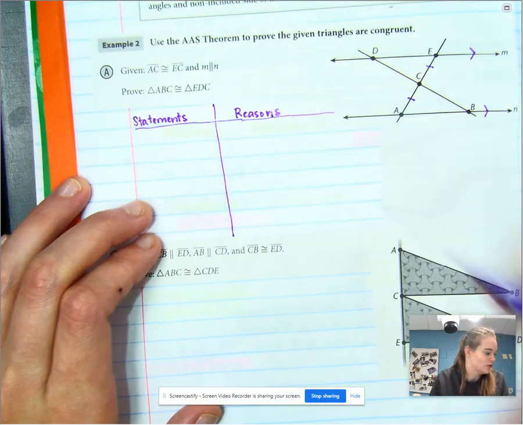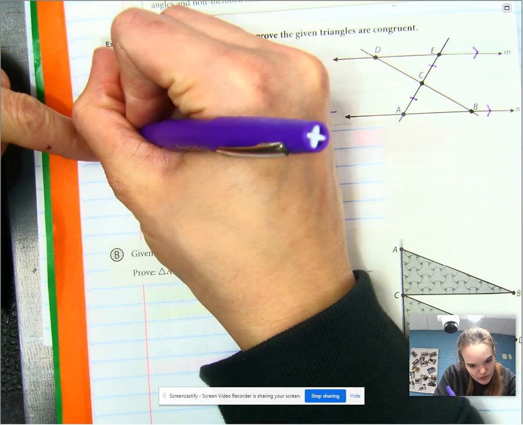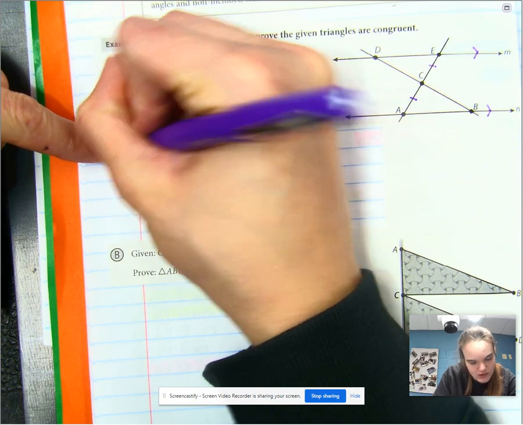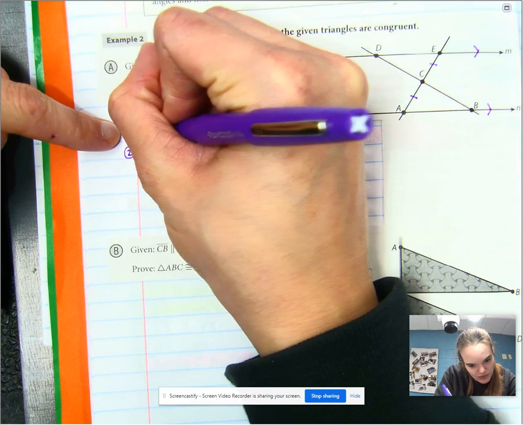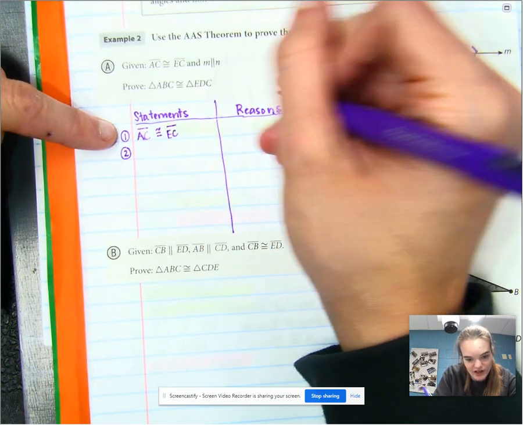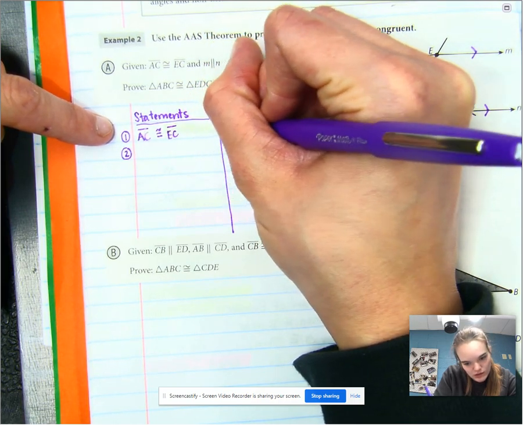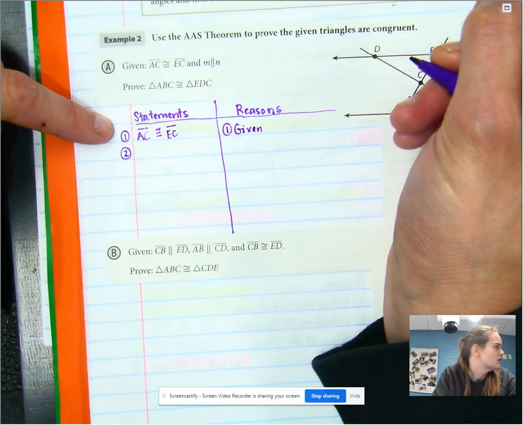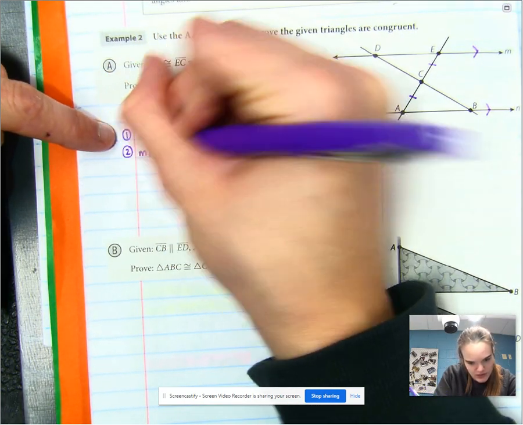I hope this is enough room. I probably should have cut them separate to make sure it is, but oh well. We have two givens. The first one is that AC is congruent to EC. That's our side. We'll need two angles. Our other one is that M is parallel to N.